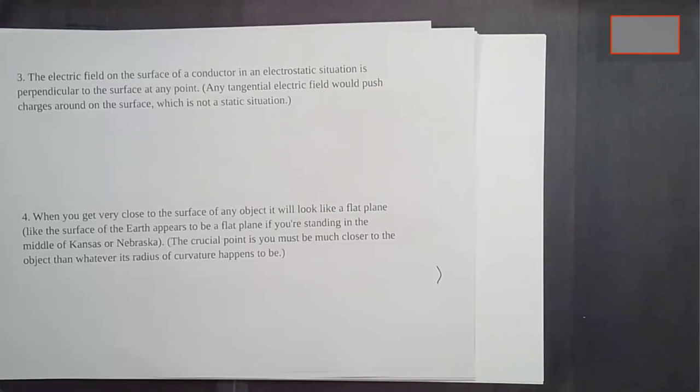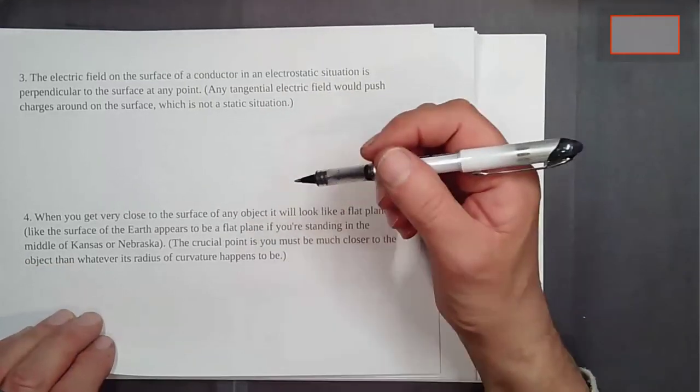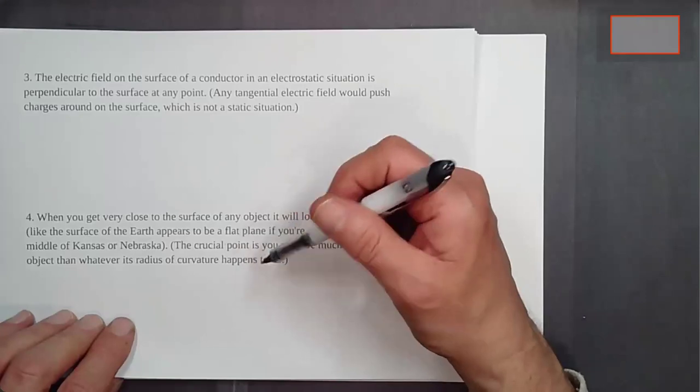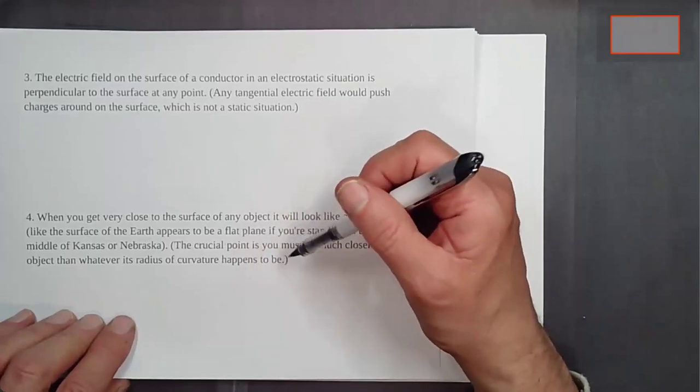Even if you're 5 or 6 miles above the surface in an airplane, you look out the window and you can't tell that it's a curved surface. Sometimes you get that impression depending on the shape of the window you're looking through, but even at that height, you can't really detect the curvature of the Earth.